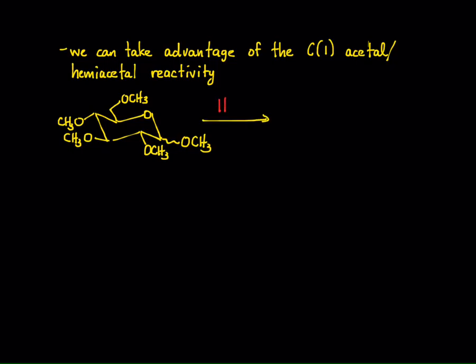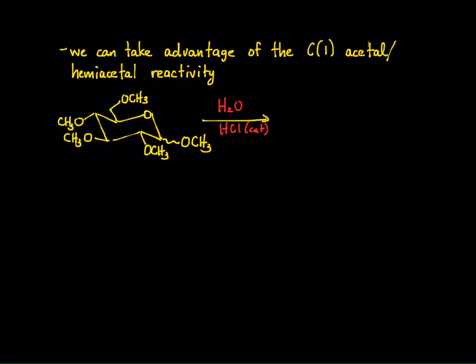Now, notice, if I take that pentamethyl product and I react it with water in a catalytic amount of HCl, again, the same process is going to happen. I'm going to protonate the anomeric OCH3 acetal.